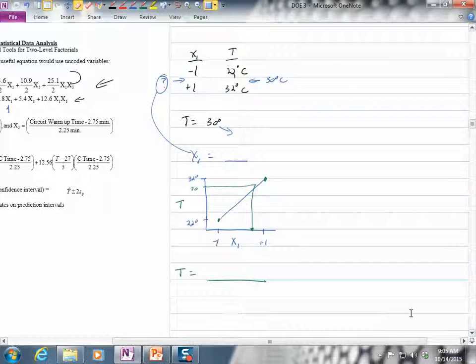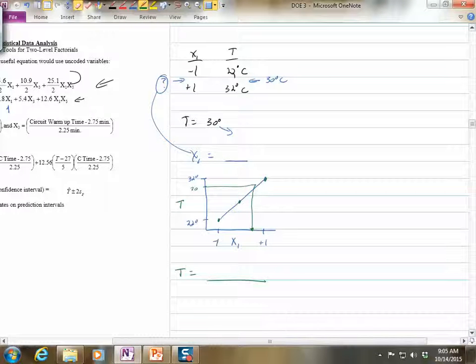Intercept's always at 0, yes. Y-intercept when x equals 0, right? So even though I've drawn the axis there, the y-intercept is right there.